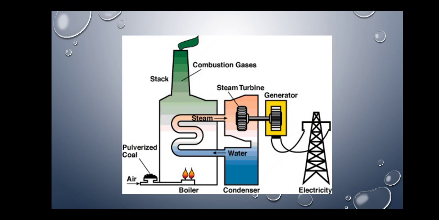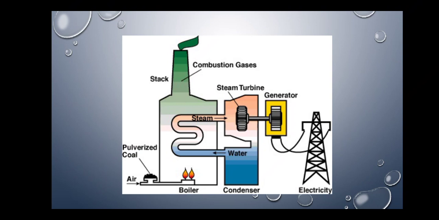Here is the figure showing how power is generated in a particular power plant. You can see the pulverized coal and air entering the boiler. The boiler boils the water from the condenser and makes steam, and the steam is thrown towards the steam turbine.